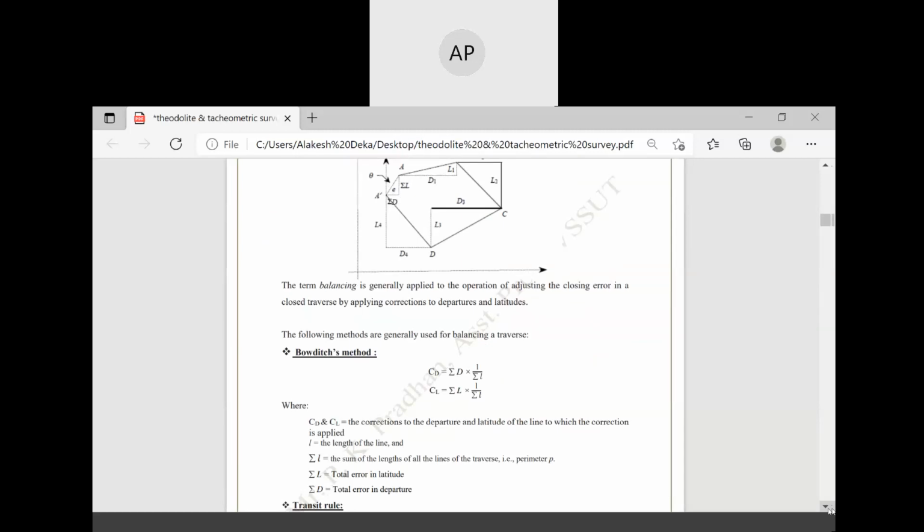One is called Bowditch's rule, Bowditch's method, where CD and CL are the corrections you can find out from this equation. CD equals summation of departure into L by summation of L, where CD and CL are the corrections of the departure and latitude of the line to which it is applied, L is the length of the line, and summation of L is the sum of the lengths of all the lines of the traverse, that is perimeter P.